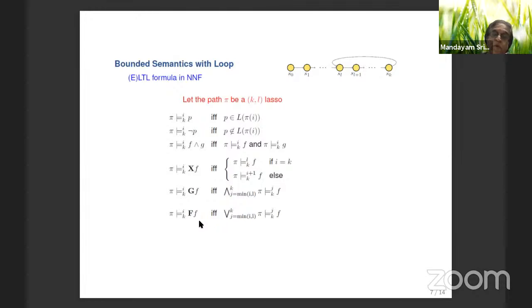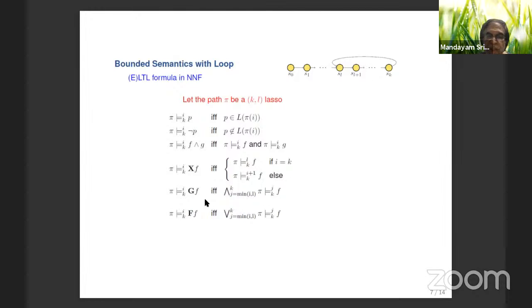And similarly for F also, it amounts to the same thing, because for F the existence is independent anyway. The moment it gets true up to sk, it is already true, and so in the disjunction you don't have to repeat.